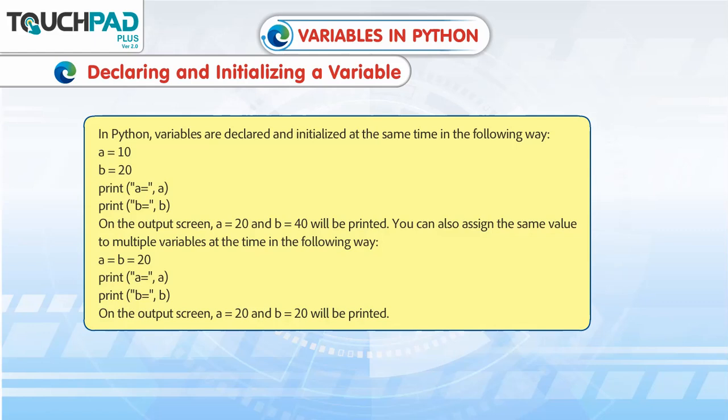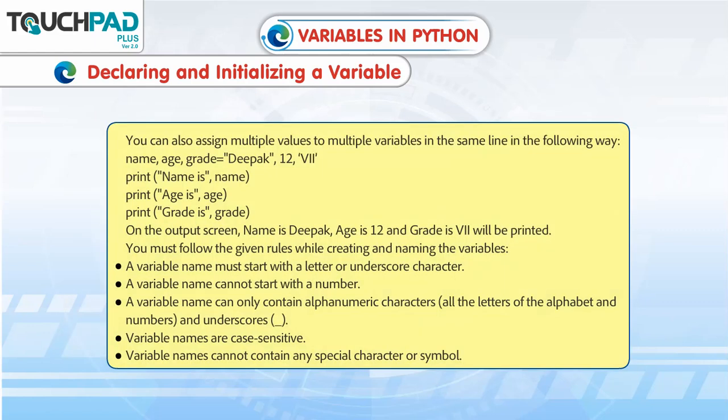On the output screen, A is equal to 20 and B is equal to 20 will be printed. You can also assign multiple values to multiple variables in the same line in the following way. On the output screen, name is Deepak, age is 12 and grade is 7 will be printed.